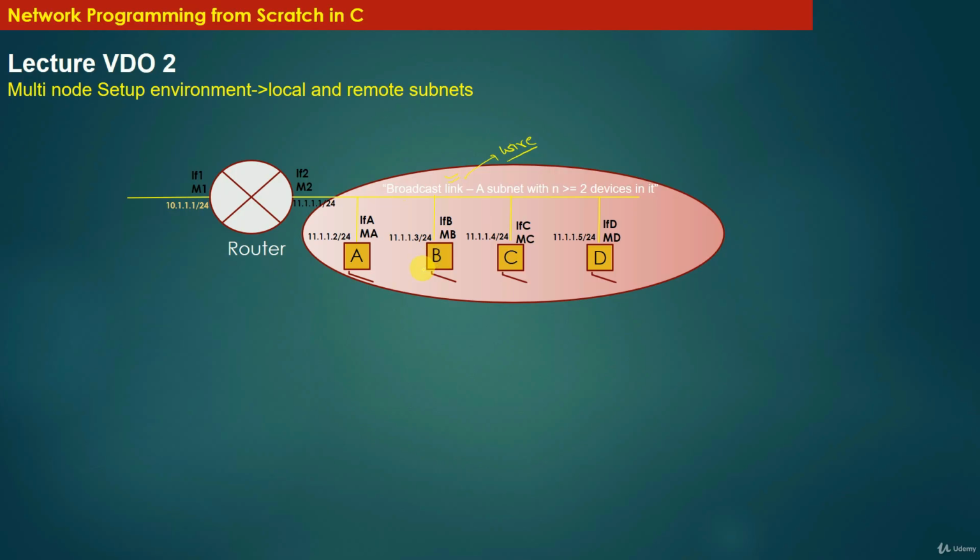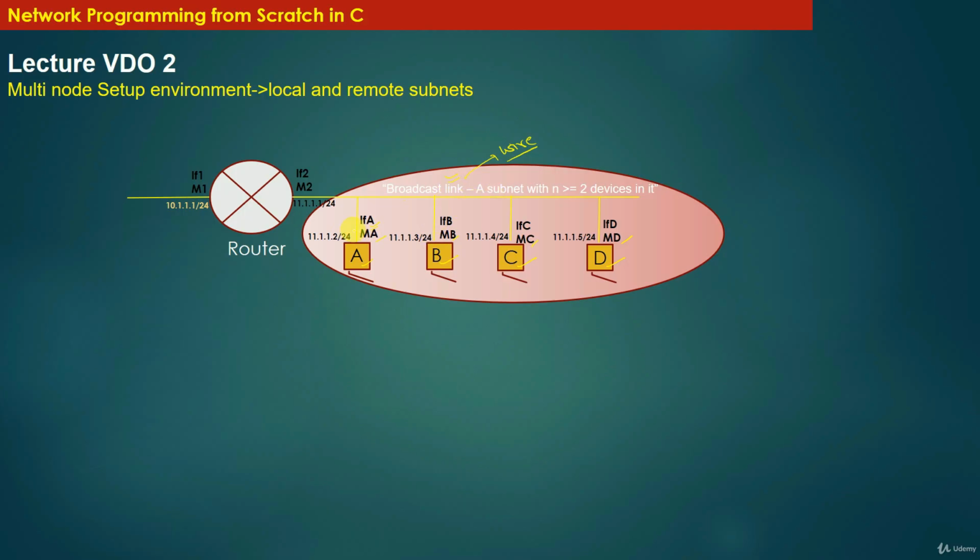So you can see that in this diagram, each machine, that is machine A, machine B, machine C, machine D, is connected to the broadcast link through its respective interface, which has the MAC address MA, MB, MC and MD. Right? So what is the network ID of this broadcast link?